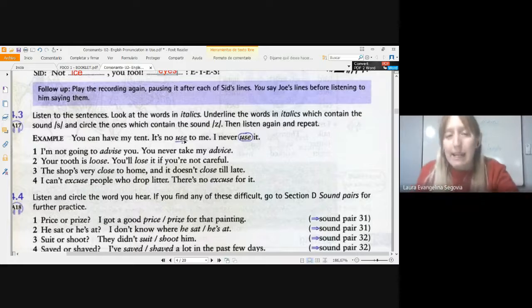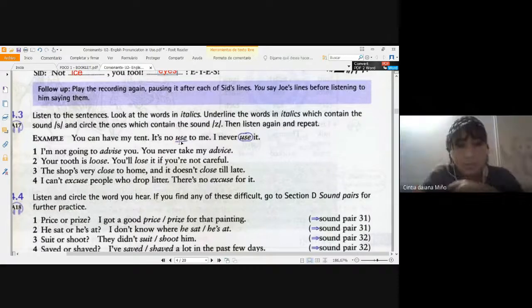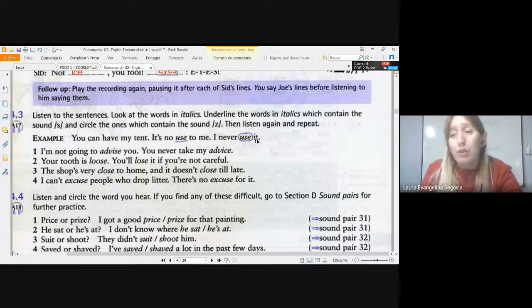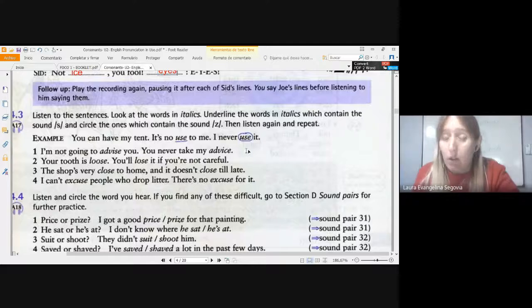Let's analyze the difference. It's no use to me. I never use it. So as a conclusion, when use is a verb, you say use with z, and when it is a noun, it's use with s. It's no use to me. I never use it.